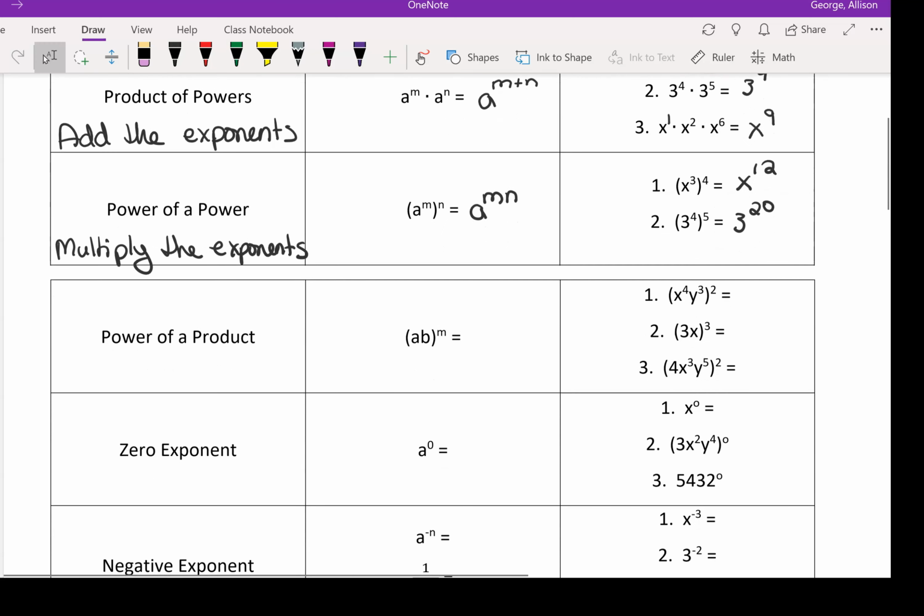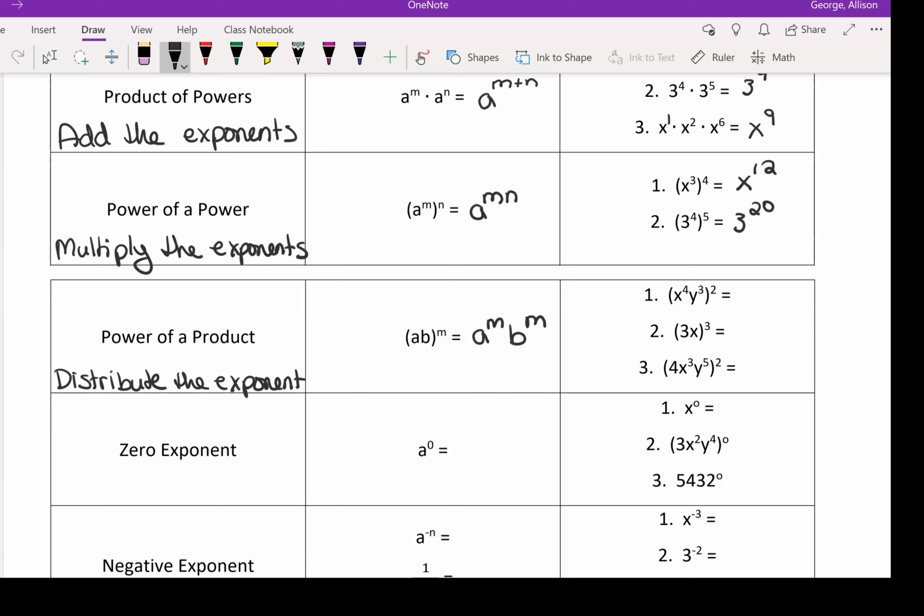Then for power of a product, you're going to distribute that exponent. Everything inside the parentheses is going to get that exponent, so that's a to the m, b to the n. In most of these examples, they already have exponents, so we're combining the distributing with the power of a power we just learned.